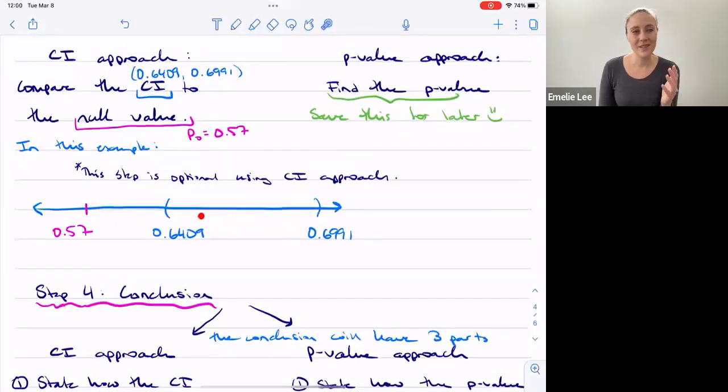If we've built a confidence interval for the proportion of Canadian adults who have an RRSP in 2012, and we find that it's between 0.6409 and 0.6991, then are you going to feel comfortable saying that there hasn't been a change since 1999 when the population proportion was 0.57? No, right? This looks like there has been a change. It looks like it's increased, but we haven't tested that because a confidence interval can only tell us if there's been a change.